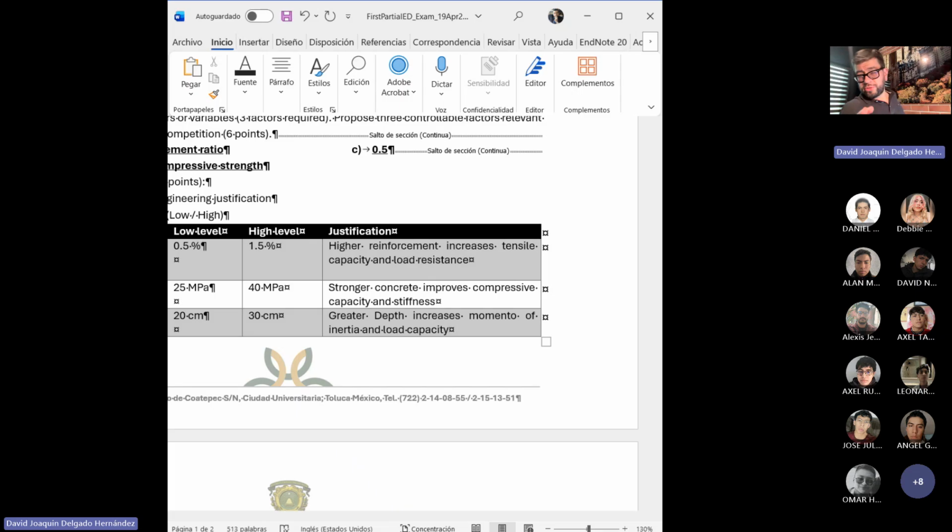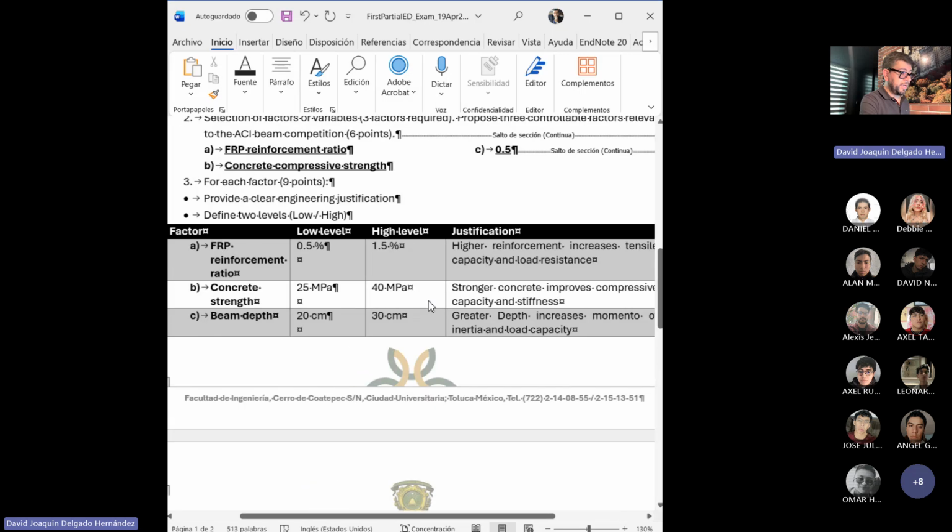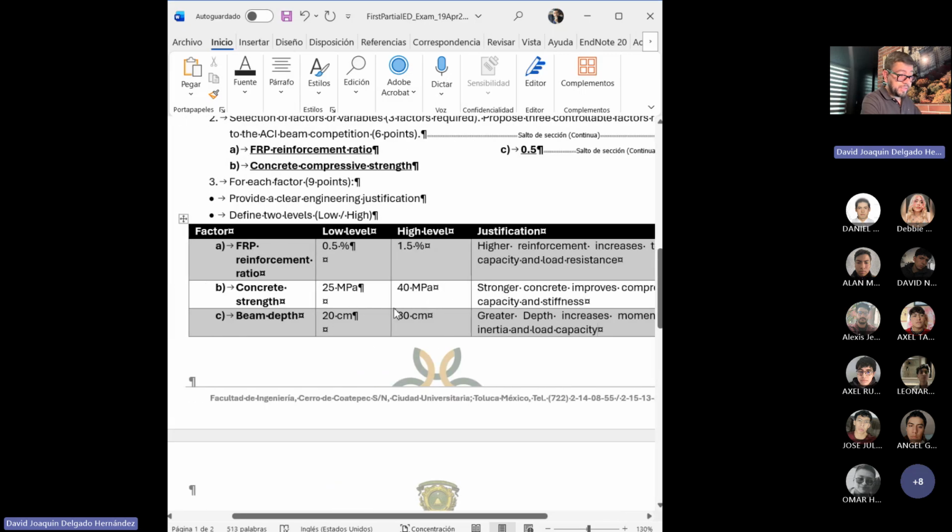Okay, you should not know about civil engineering as an expert. The idea here was for you to propose some values, right? You could put here 10 and 15. You could put here any other values. What I wanted was for you to justify your answer.